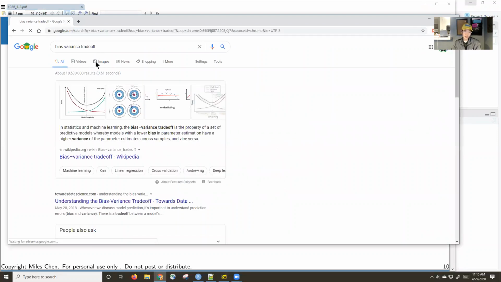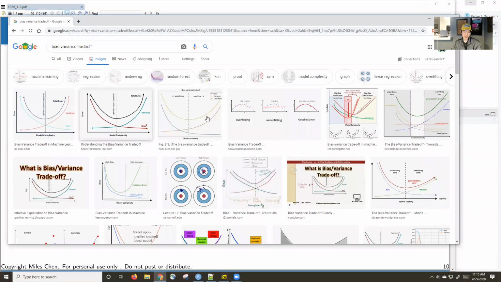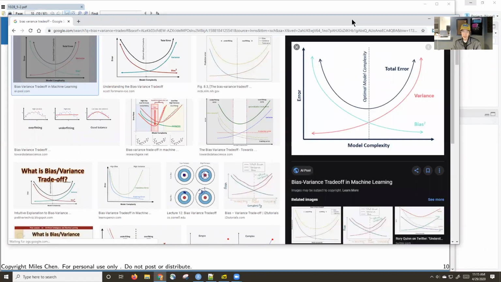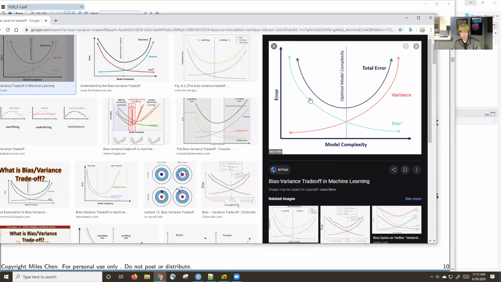you're going to see all of these pictures. These 3 pictures are almost the same, and they're all going to look like this. There's a curve for bias, and it's going to go down. As model complexity goes up, bias goes down. As model complexity goes up, variance goes up, and the total error is basically the bias squared plus the variance, and you get something like this, and you want to get a model right here.